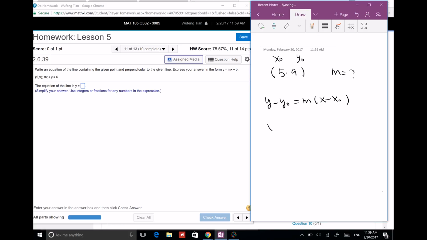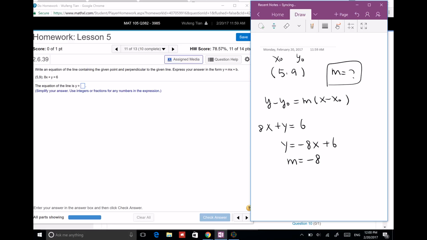So we have 8x plus y equals 6. We know for this equation, the slope is negative 8. But is this line's slope negative 8? No, because they are not parallel. They are perpendicular.